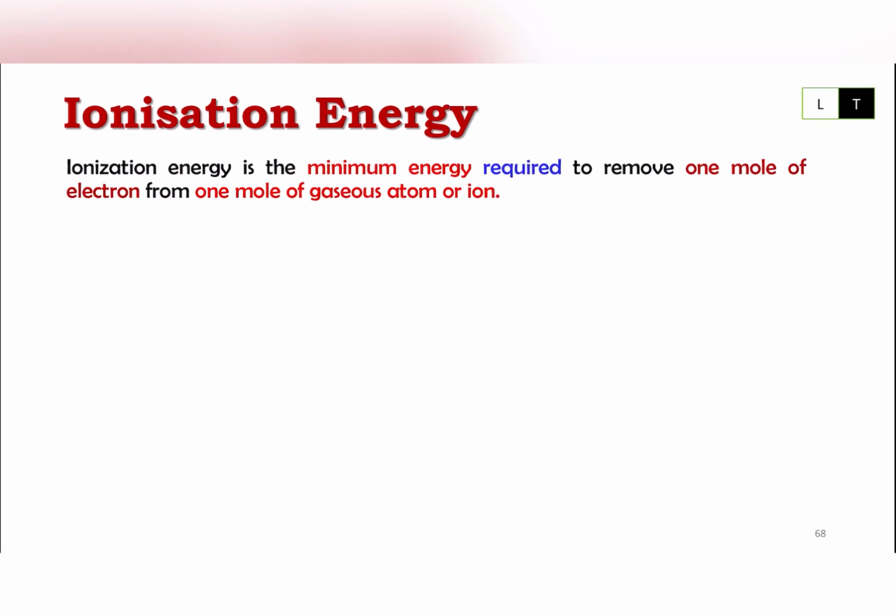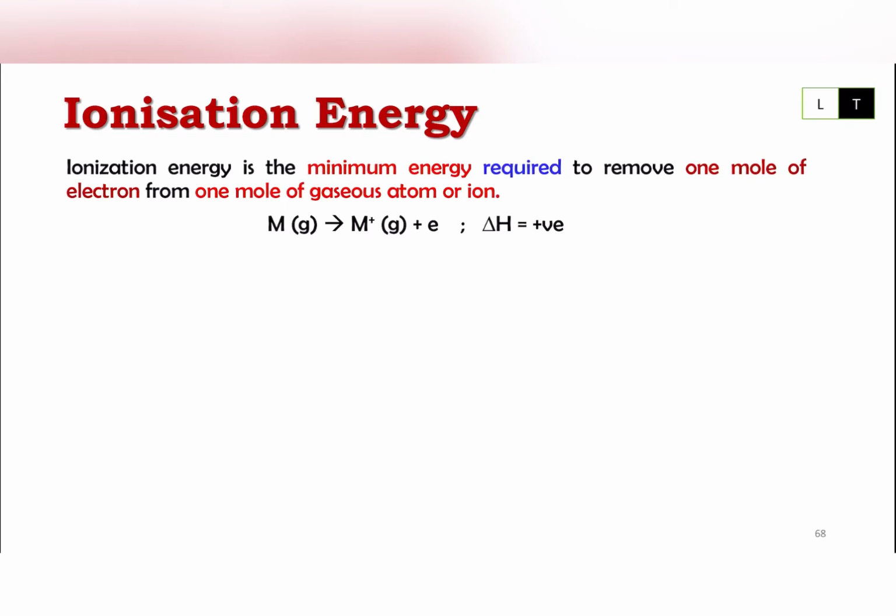Ionization energy is defined as the minimum energy required to remove 1 mole of electrons from 1 mole of gaseous atoms or ions. For example, I have atom M here in the gaseous phase. I'm going to remove 1 mole of electrons from gaseous M atom to get gaseous M plus ion, and the delta H here is positive because it absorbs energy to remove this electron.